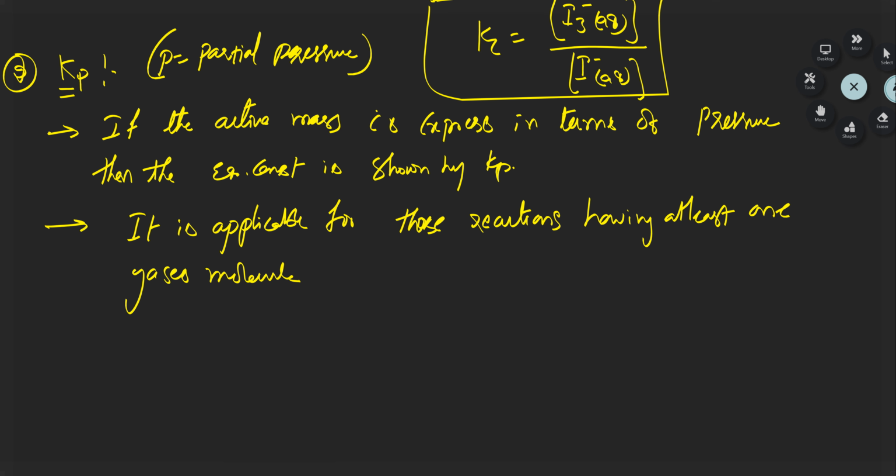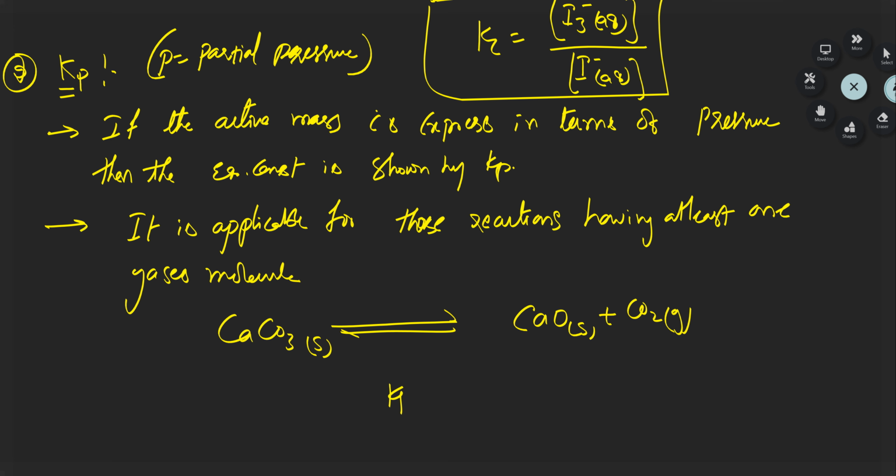Kp is equal to, take the reaction: decomposition of CaCO3 solid gives CaO solid plus CO2 gas. Now Kp is equal to, there is no pressure for the solids. We need to give it only for this one, the pressure of CO2, PCO2. So that is the formula of Kp.